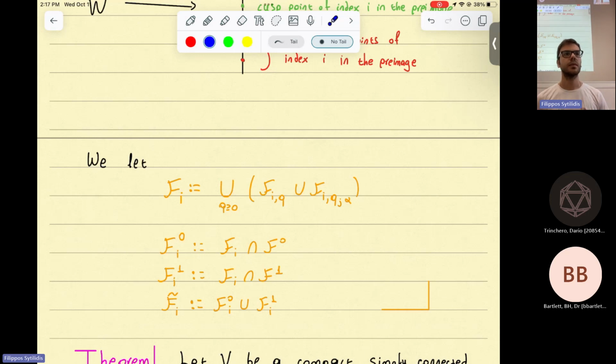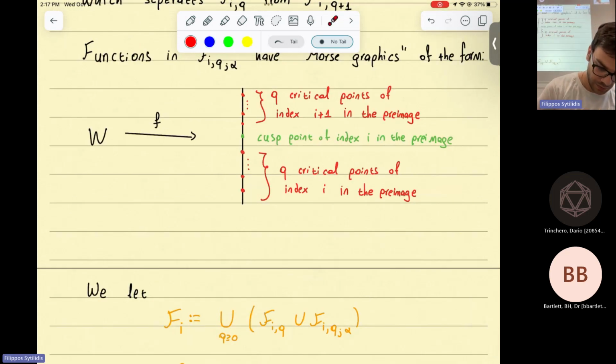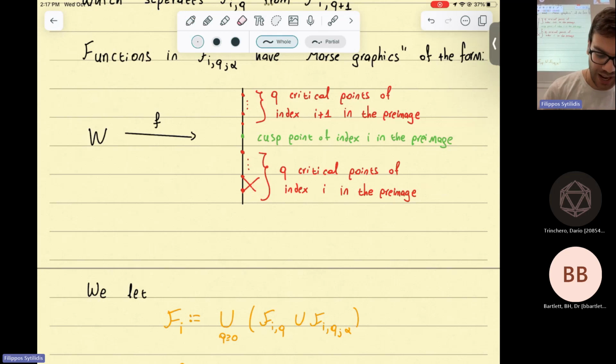How can it contain a crossing? If q is only Morse functions, I can have something like that. Now I'm very confused. Sorry, when I say crossing, I misspoke.